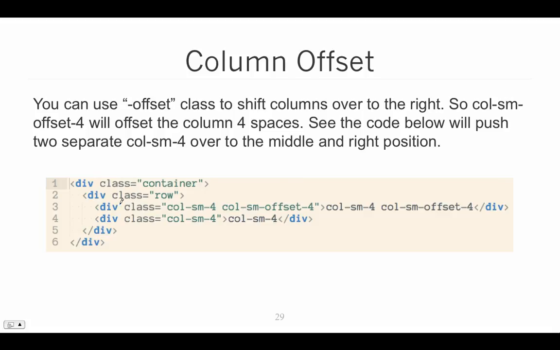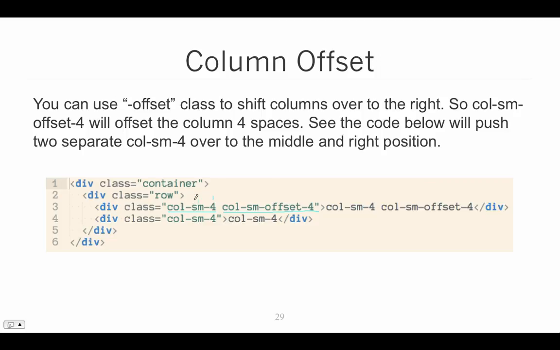Okay. So here we have a class of col-sm-4. So that's going to span 4 columns. And then we've also put a space in here, and we've given it another class, which is col-sm-offset-4. Okay, so here for small devices, we're going to push this column over 4.